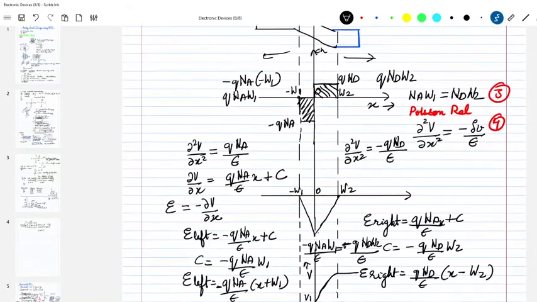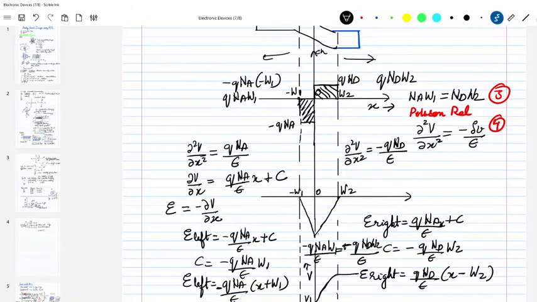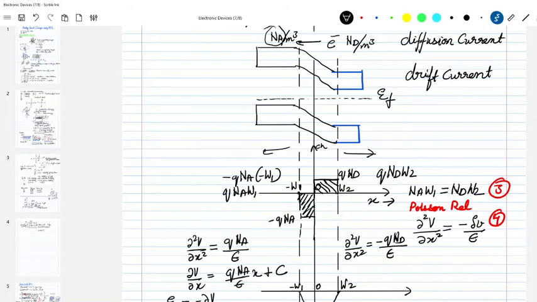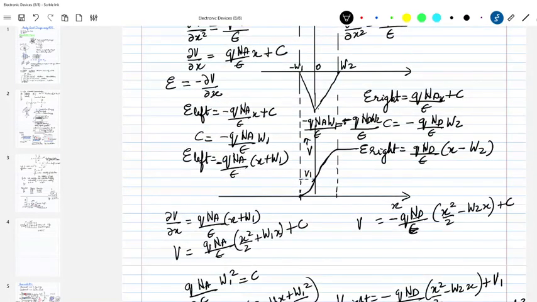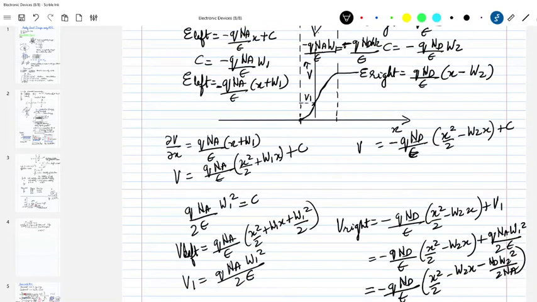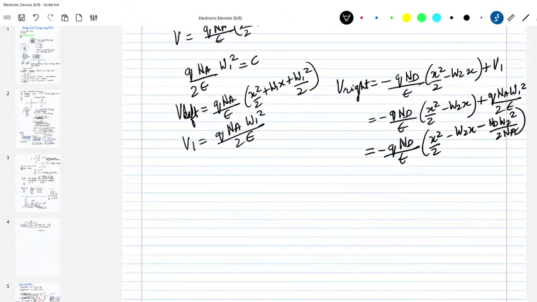So I have seen a p-n junction diode in terms of charge. I have seen a p-n junction diode in terms of the energy band. I have seen the field across the p-n junction, and I have seen the potential which is developed. This is called the built-in potential, or phi naught, which will be equal to, if I substitute x equal to W2 in this equation, V1 plus V2.